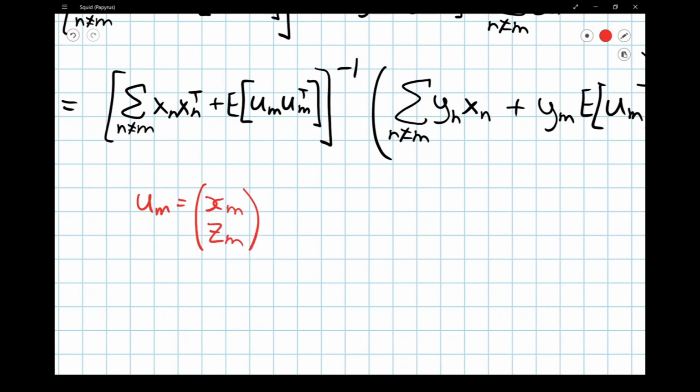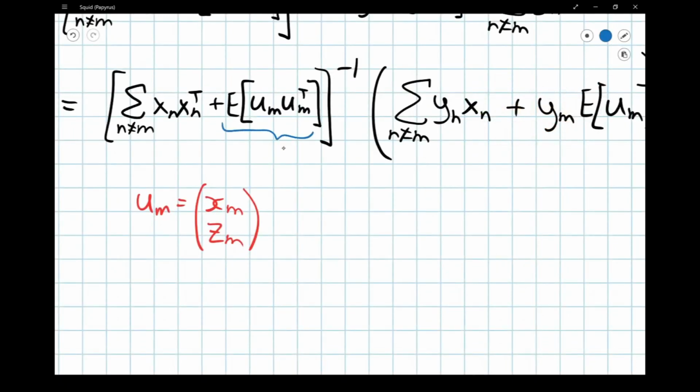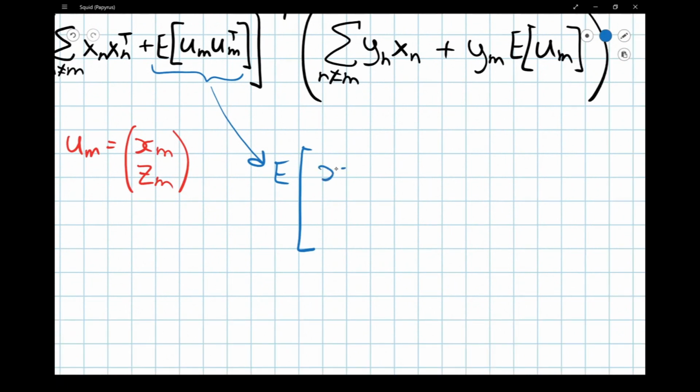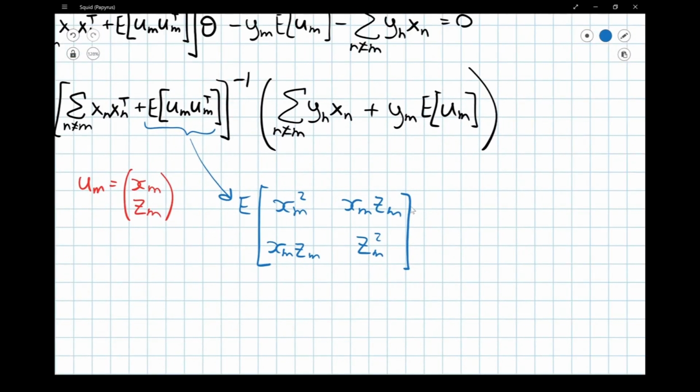So when we look at this thing, we're actually looking at the expected value of, okay, so we're going to have a squared, then xm zm, same down here, xm zm, and then a zm squared. So that's where we're going to need our first order term that we found in the previous video, so our expected zm.